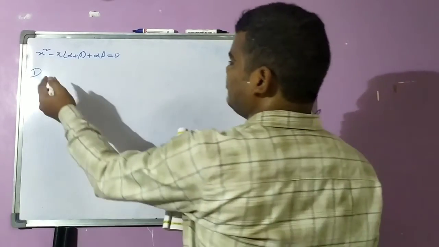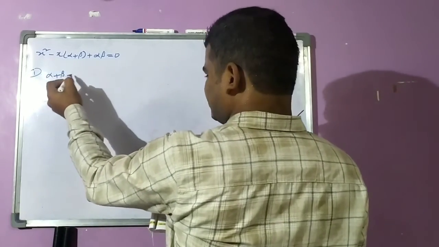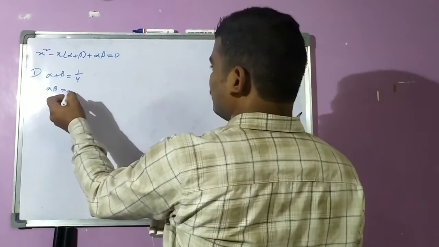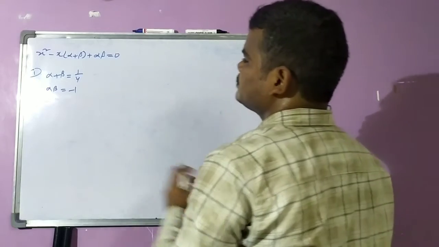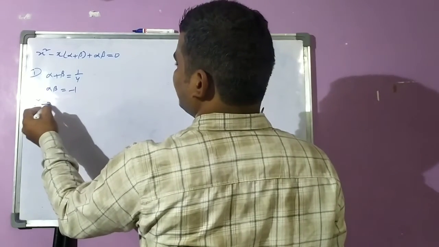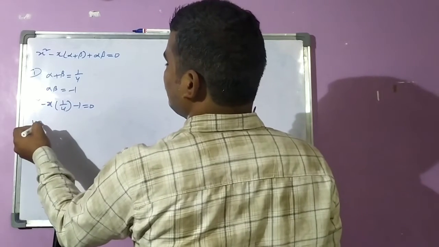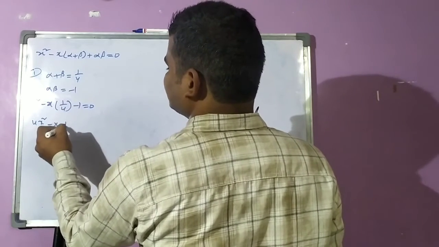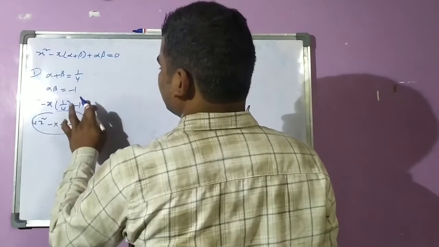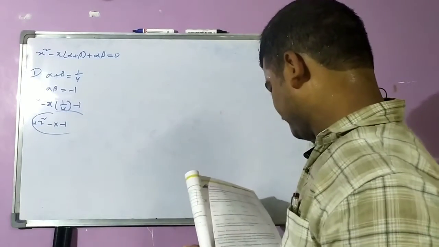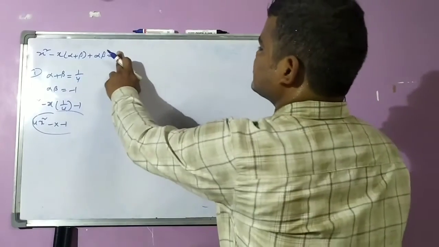That means alpha plus beta, the sum, is given as 1 by 4. Alpha into beta is equal to minus 1. So substitute those values: x square minus x into 1 by 4 minus 1 is equal to 0. 4x square minus x minus 1 is equal to 0. This is the polynomial.